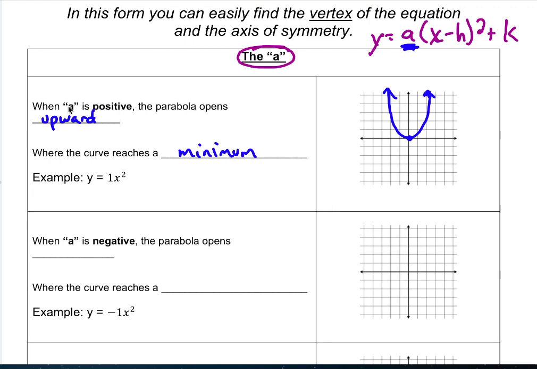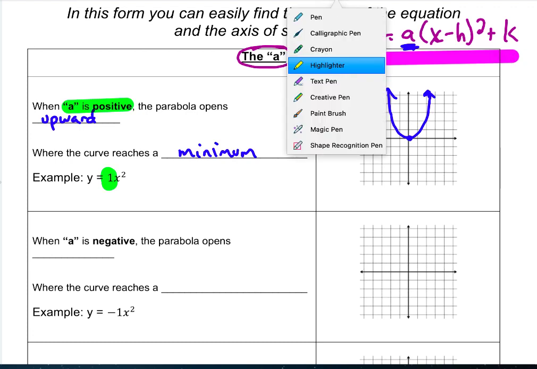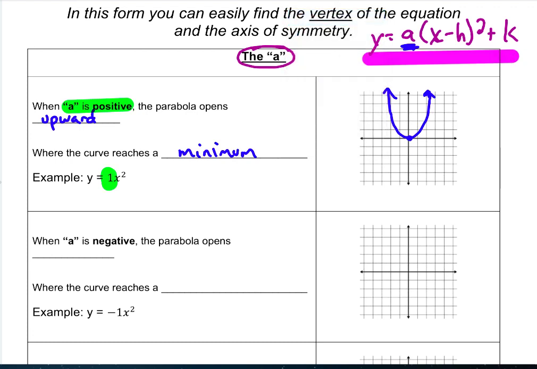And in this case, our a value would be like our 1 that was being multiplied on there. You'll notice that depending on the equation, there might not always be an h or a k value. Those might be zeros, which is why you might not see them in there. So this up here is the full version of it, but you might have some other version of it depending on what numbers are in the problem.